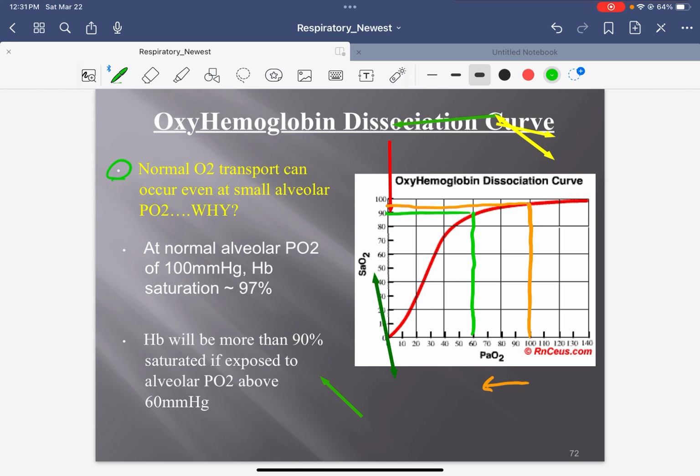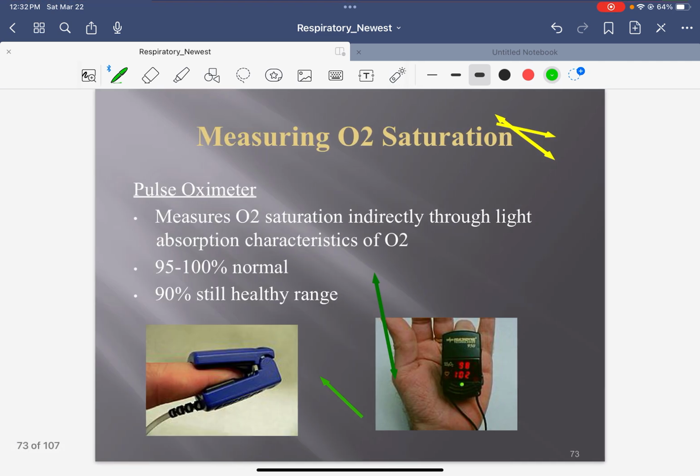If I have a 40% drop in oxygen, that's a lot, I'm still 90% hemoglobin saturated. That's good. So we can handle a drop in oxygen. It has to do with, of course, how quickly that slope went up. Now, if I had a 40% increase in CO2, you would be dead. Seriously. So we can withstand changes in oxygen much better than we can withstand changes in CO2.